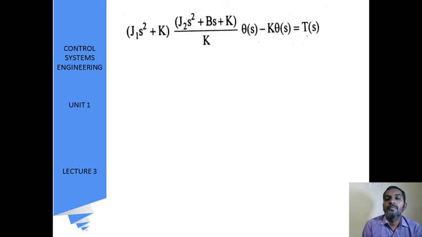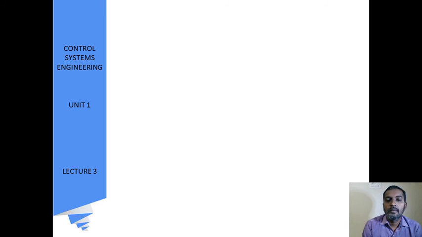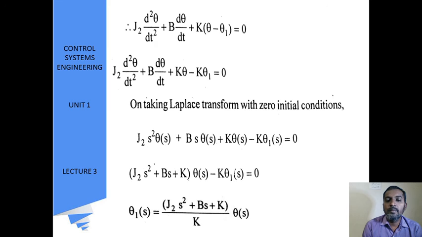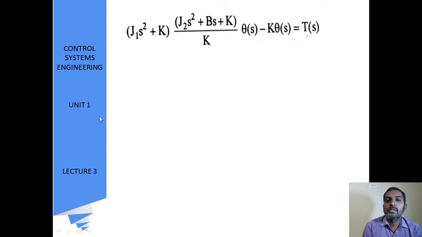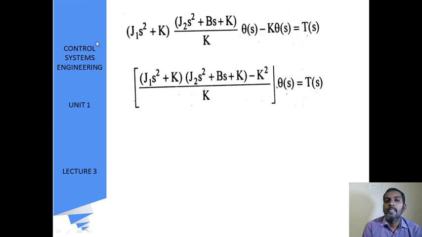Then (J1 s square plus k) into (J2 s square plus bs plus k) by k into theta of s minus k into theta of s is equal to T of s. We have taken theta as common, therefore (J1 s square plus k) into (J2 s square plus bs plus k) minus k square, by k, into theta of s is equal to T of s.